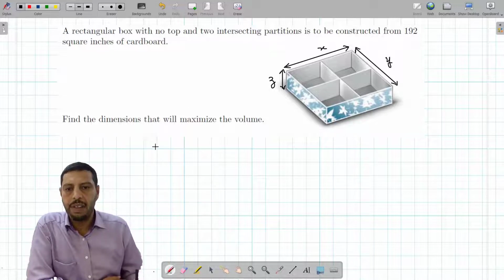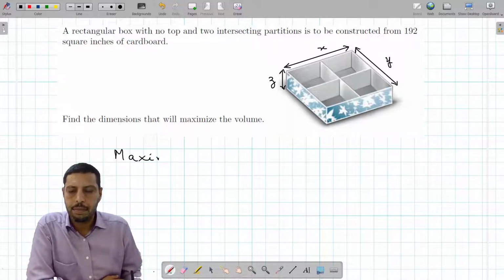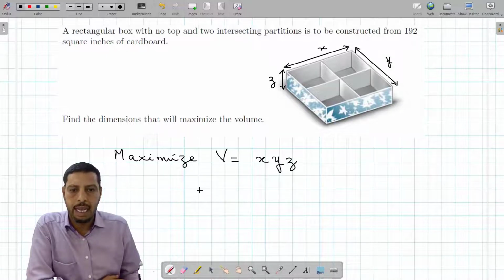Now, the volume of the box is x times y times z. So the problem is to maximize the function V, which is the volume, equal to x times y times z.